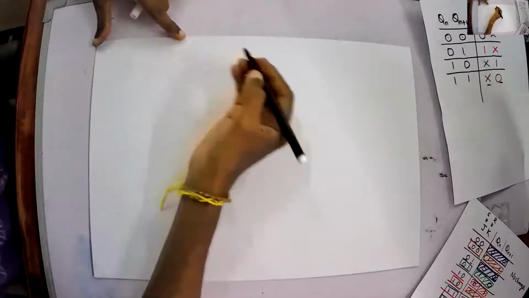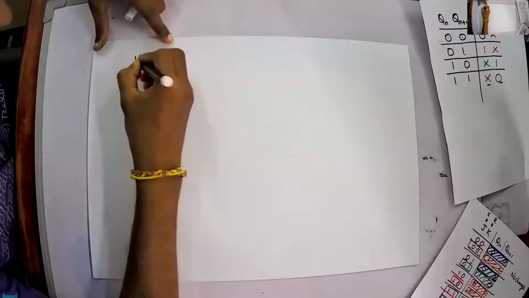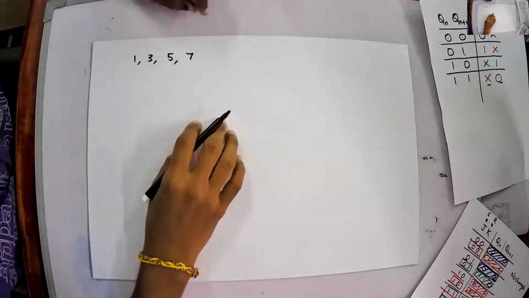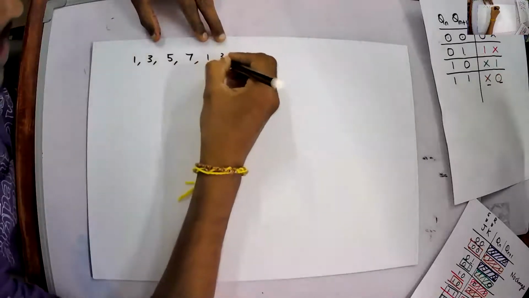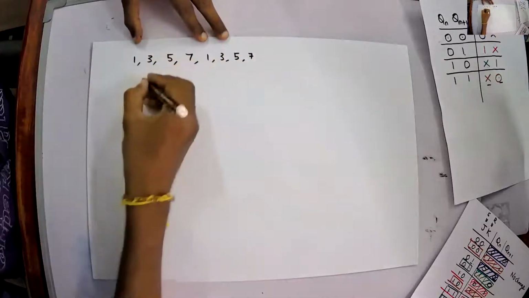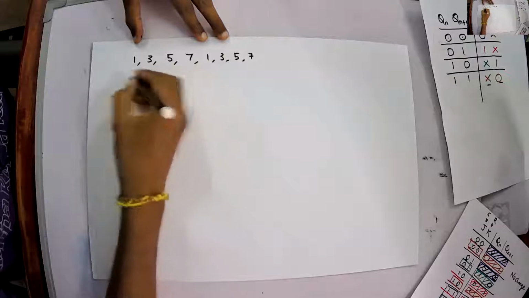So for example, you are asked to design a circuit to count a 3-bit sequence of 1, 3, 5, 7. It is odd number sequences, 1, 3, 5, 7, and then again 1, 3, 5, 7. I would write it as states.